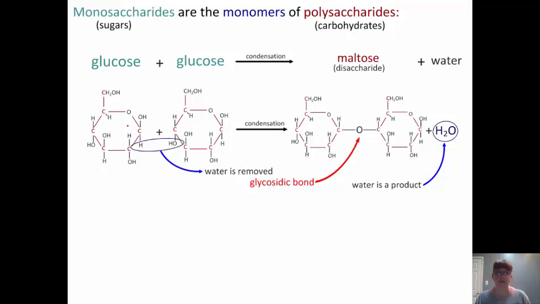Here is where the bond will be. We're going to go through that condensation reaction and make the water as the byproduct, and this bond is called a glycosidic bond. A glycosidic bond is the bond formed between two saccharides within a larger molecule.